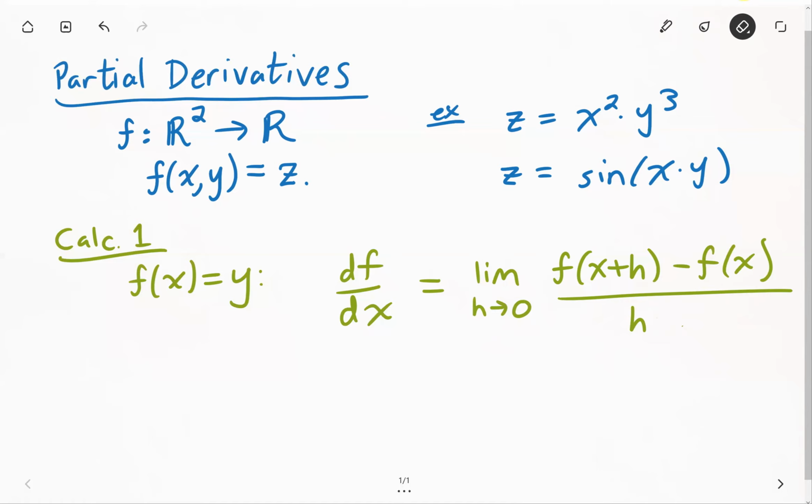Now, we can make the same definition in multivariable mathematics if we have a function which has more than one parameter. But here, the plus h, this h that we're adding on, we can add that to either the x or the y component.